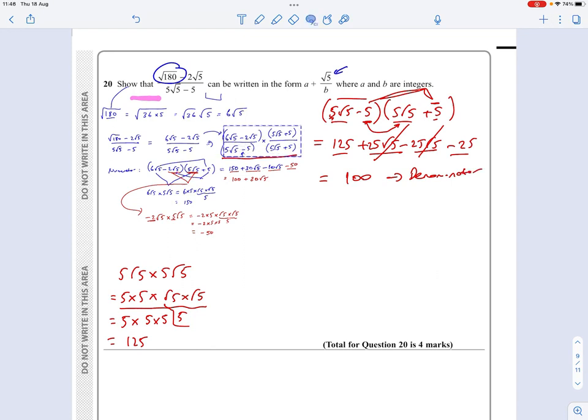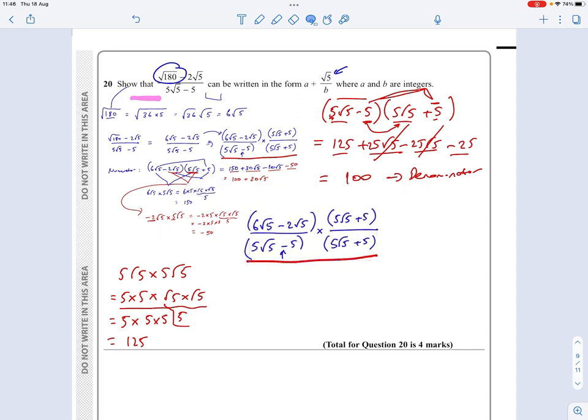Now taking this here, what did we get? We had the numerator already figured out, which was 100 plus 20 root 5, and then the denominator was 100.